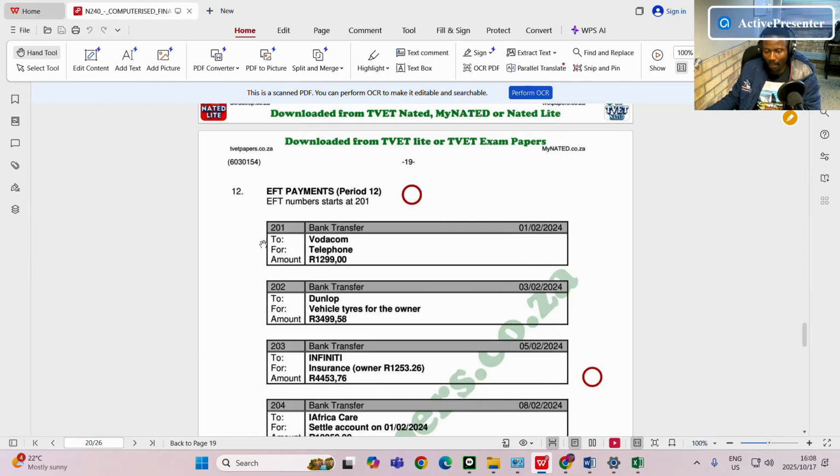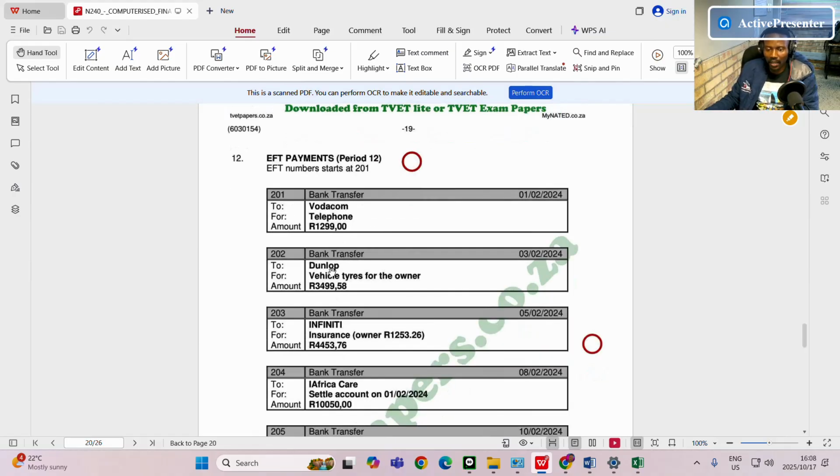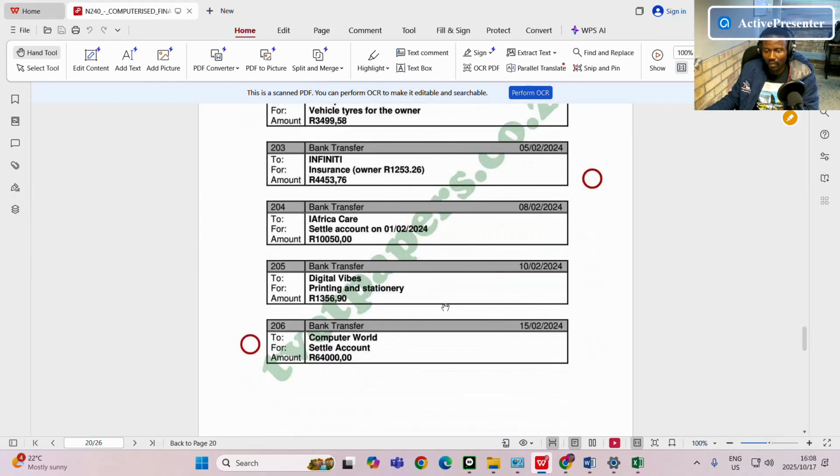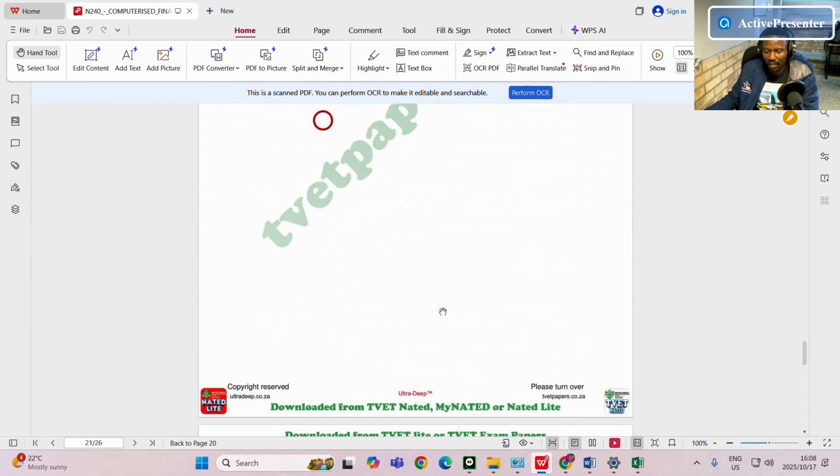Remember, our banking system keeps on improving every year, so most banks rarely use checks. Most of the time now, the method of payment is an electronic fund transfer, which is an EFT. So let us start with the EFTs.